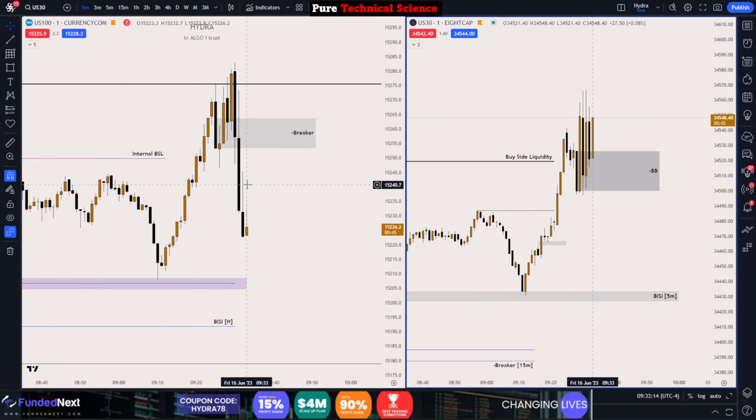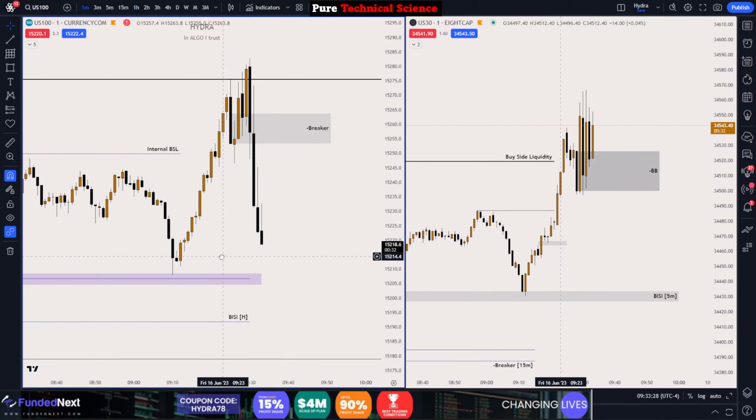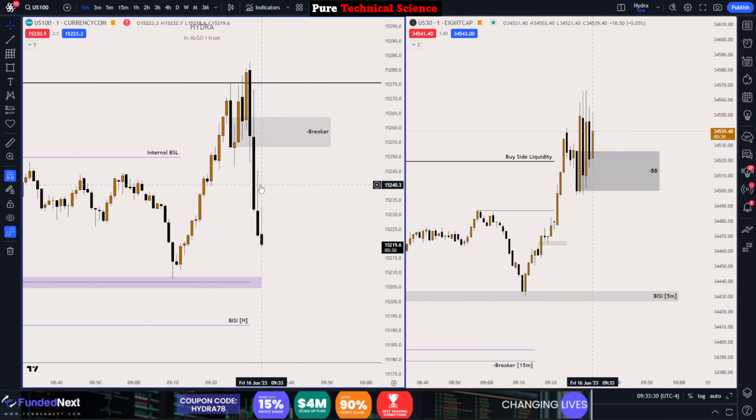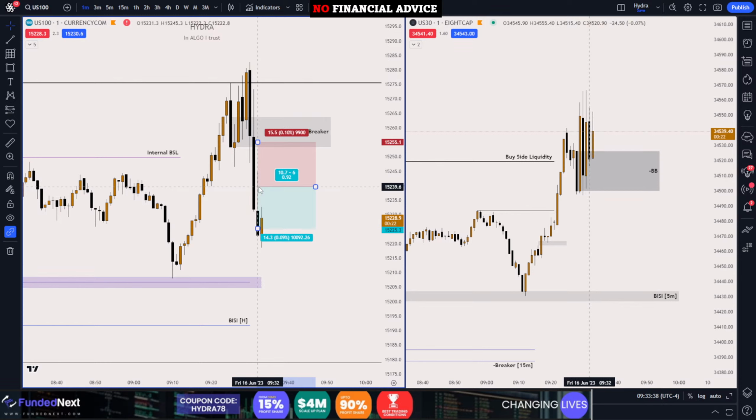Suppose I'm entering here. A lot of retail ICT traders will say, okay, HYDRA, why aren't you pushing the button here? Now that you know price will seek lower prices, we have relative equal lows down here that goes with our model. But if I'm executing here, where am I gonna put my stop loss? Just tell me that. It's gonna be a lot of risk. Am I gonna put it like this?